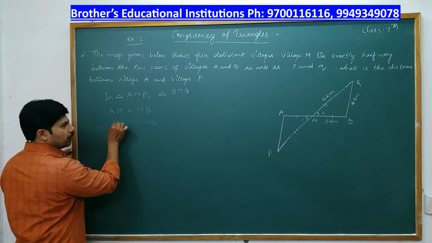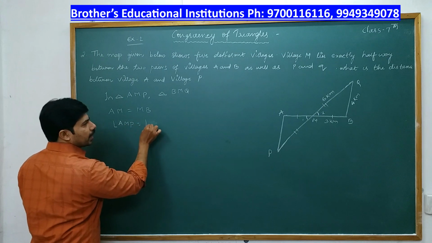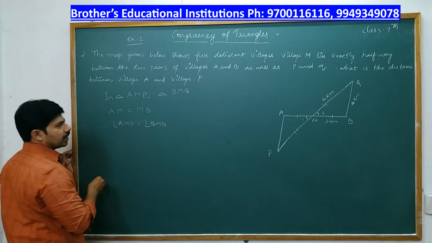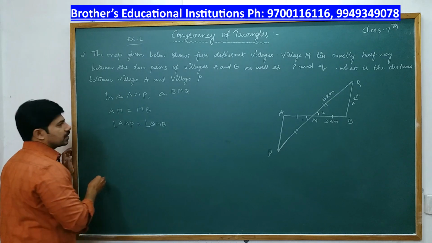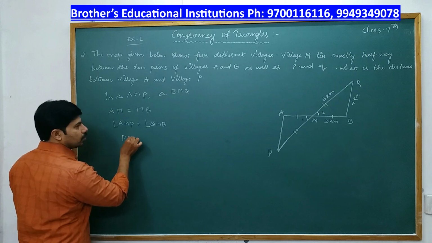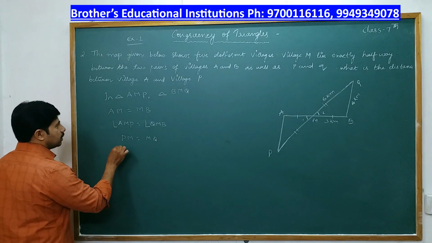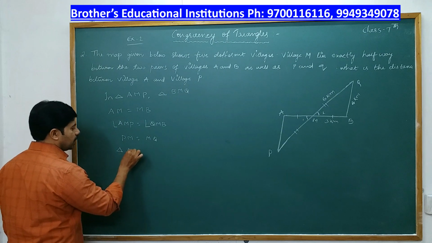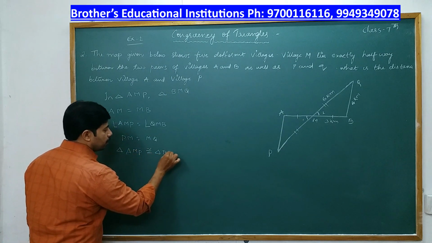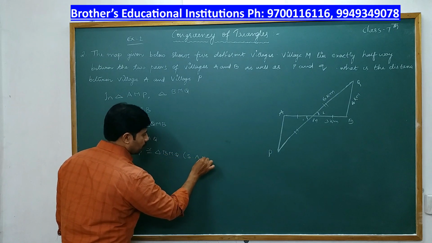The included angle AMP is equal to angle QMB, right? Then the other side PM is equal to MQ. Then we say triangle AMP is congruent to triangle BMQ according to side angle side property.